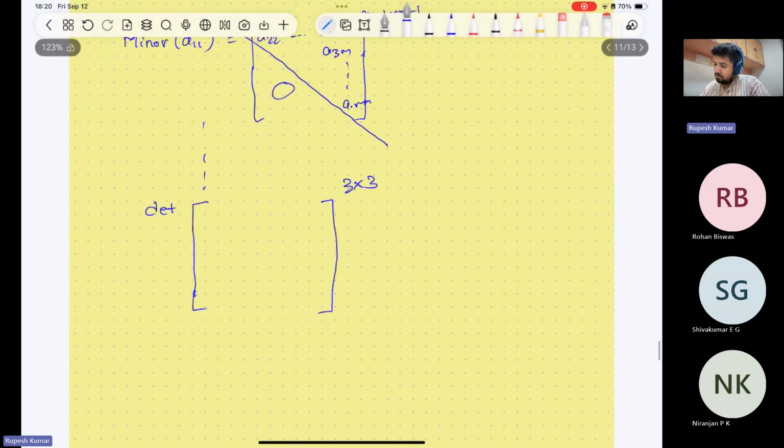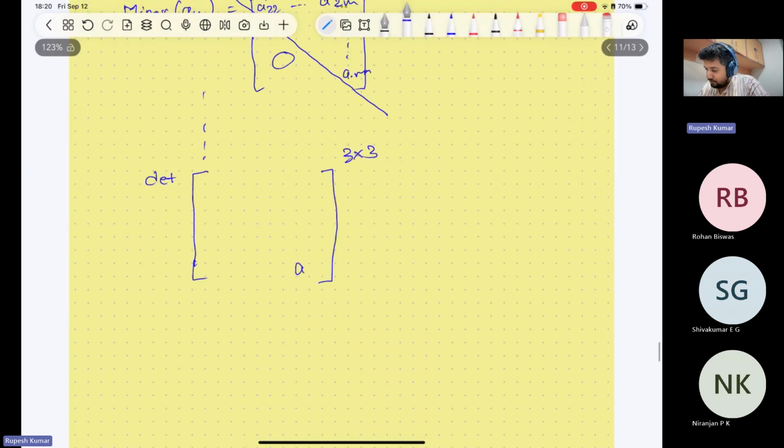So you eventually will need to find the determinant of a 3 by 3 matrix that looks like AMM, AM minus 1M, AM minus 2M, right? So this is AM minus 2, M minus 2, AM minus 2, M minus 1, right? And this is AM minus 1, M minus 1, and this will be 0, 0, 0.